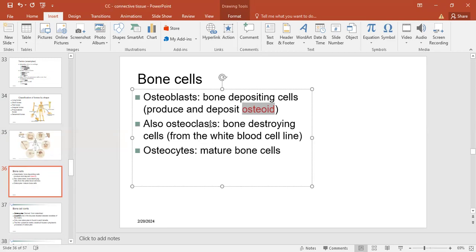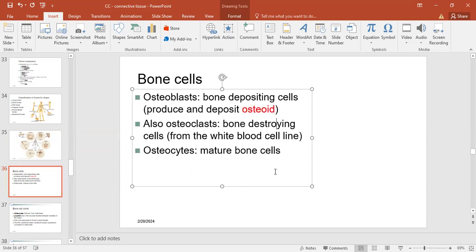They resorb bone. If too much bone, too much osteoid, has been deposited, they go ahead and resorb the bone tissue so that the bone is left smooth and the way it is supposed to be.